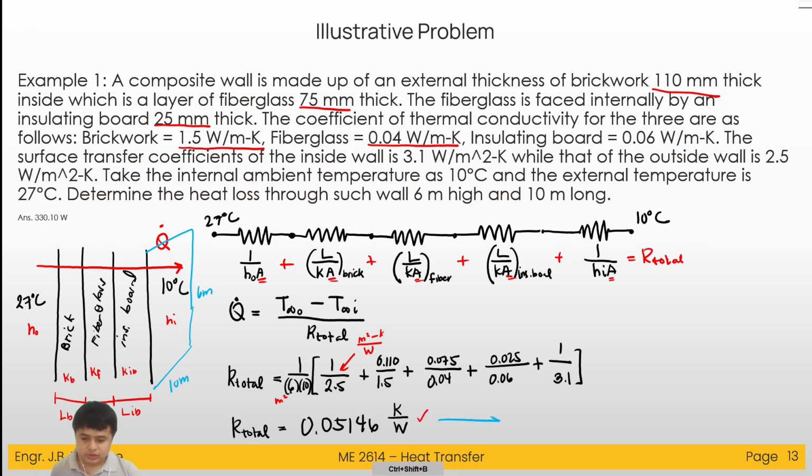After that, what we can do is use this formula to find the heat transfer rate. This will be just 27 minus 10, and then divide this by 0.05146. This is in Kelvin, and this is in Kelvin per watt, so the answer should be in watts.